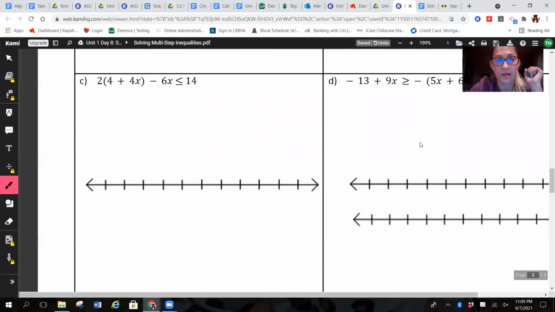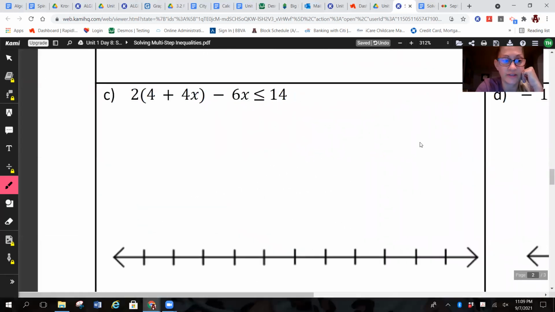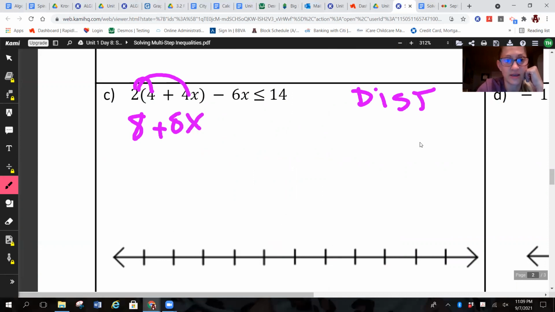Okay, our next example does use the distributive property. 2 times 4 is 8. So I'm going to distribute. 2 times 4x now is 8x.